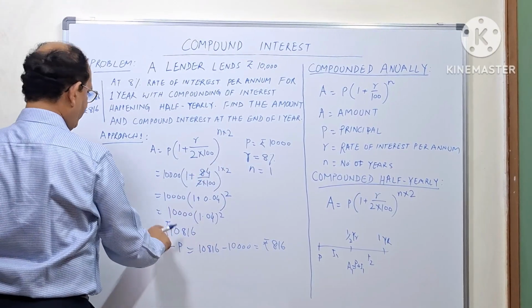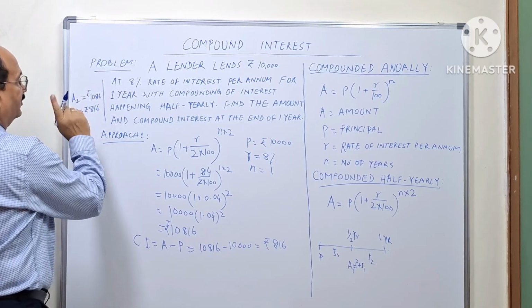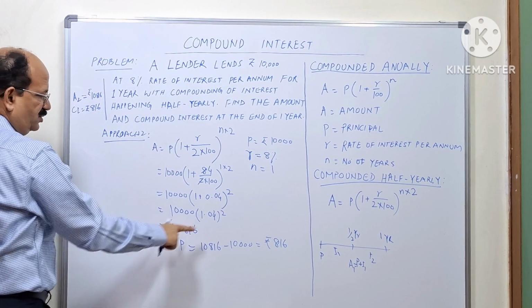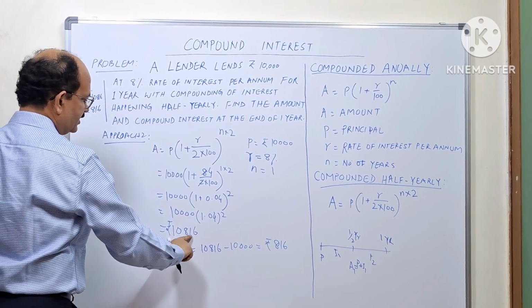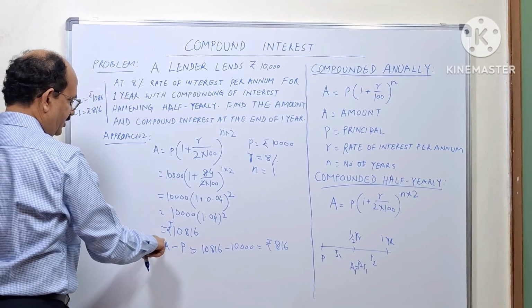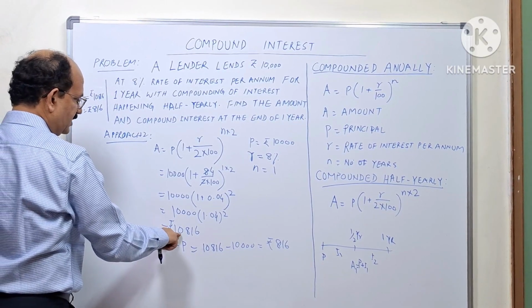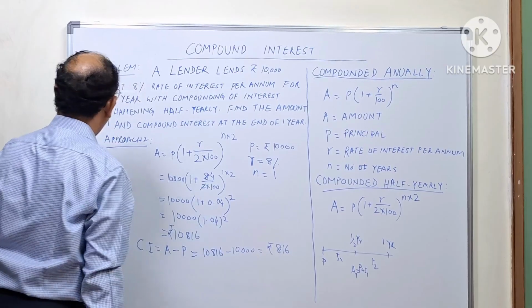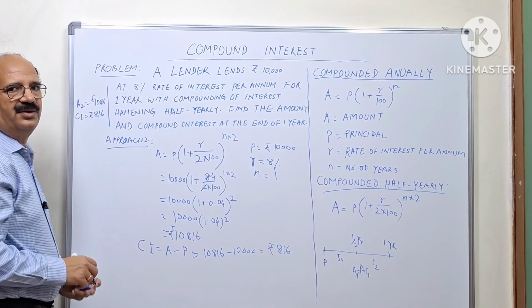The same thing we are getting here also from the first approach. So from approach 2 also we got amount as 10,816 and compound interest as rupees 816, right?